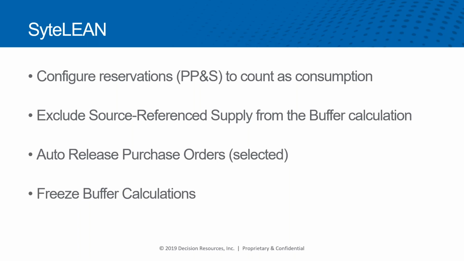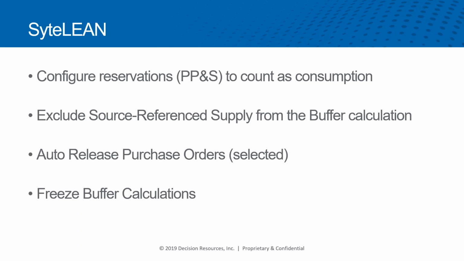Let's talk about putting source reference supply. If you have a large order and you source reference the supply order, either the job or the PO, to that demand, we have the option to exclude those from your buffer calculations. As you know, whenever you source reference a supply to a demand in CSI, it's a hard allocation, if you will.